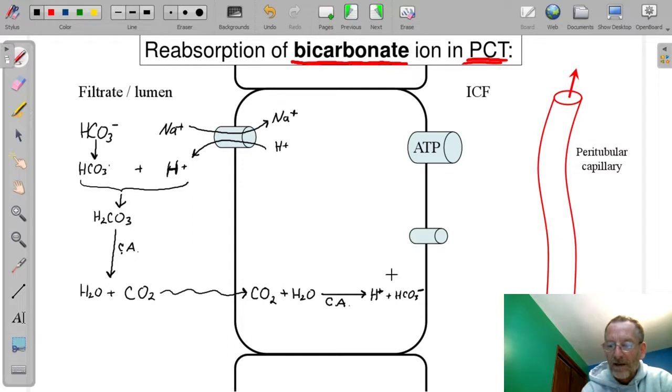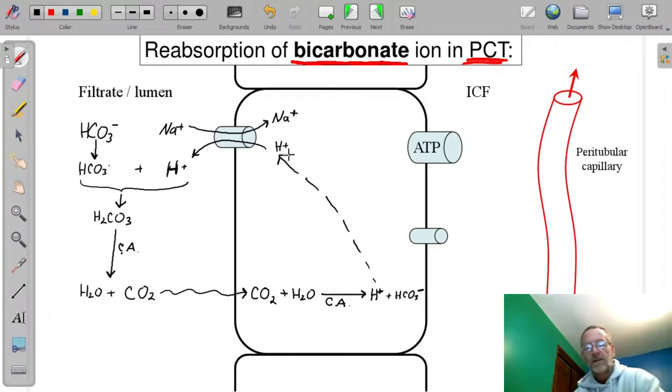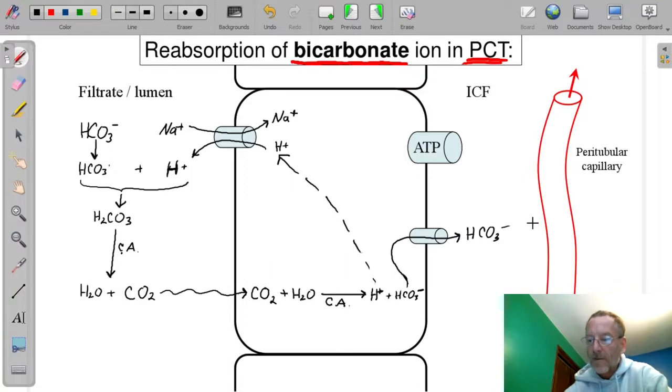Let's get rid of the hydrogen first, though. The hydrogen gets pumped out by this antiporter with the sodium. So the hydrogen just kind of goes around and around in a circle, being pumped out, coming back in, getting pumped back out. And the bicarbonate then exits the cell by facilitated diffusion. We have HCO3 with a minus on it, and that goes back into the blood.